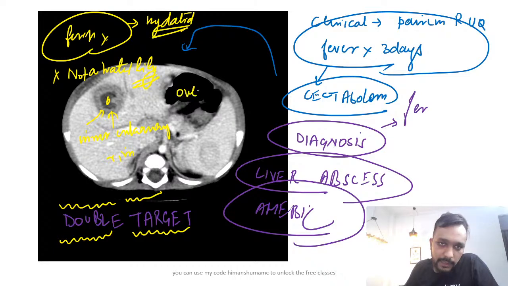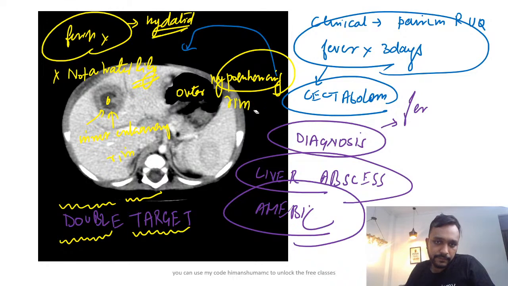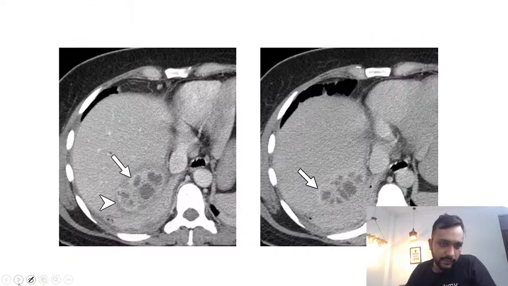Outer hypoenhancing rim can be seen in this patient, right? Is that clear with you guys or not? Okay, so guys, this is a case of liver abscess.